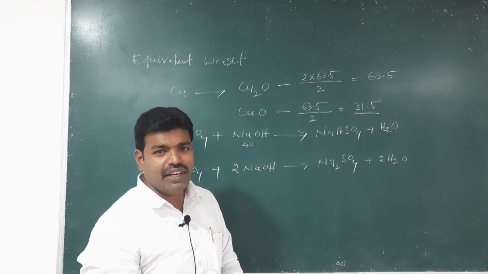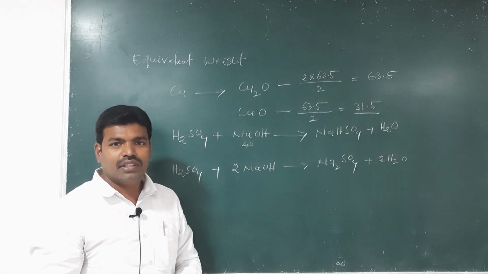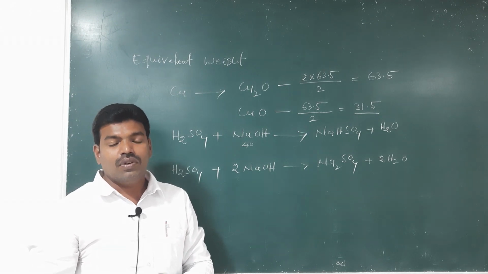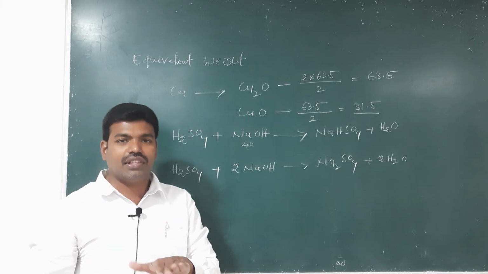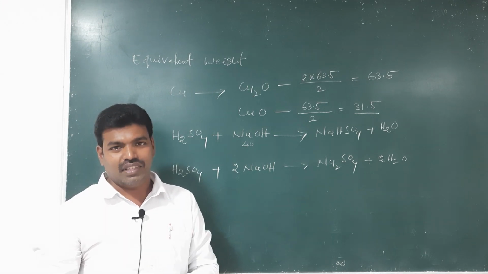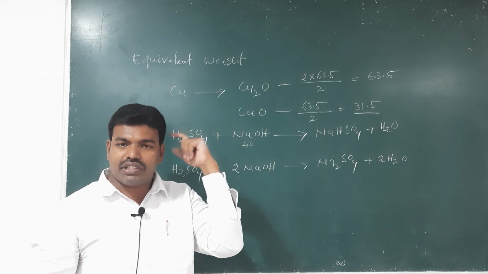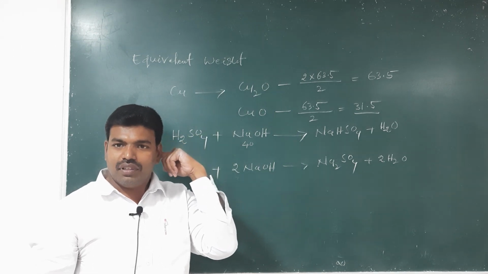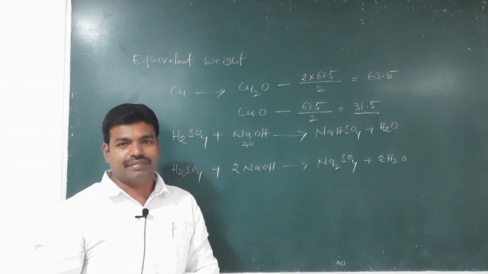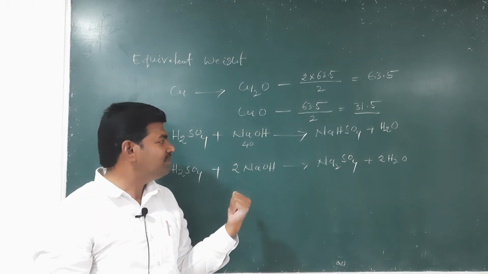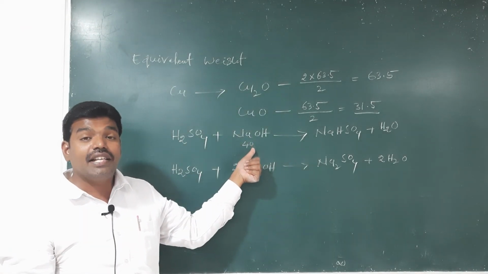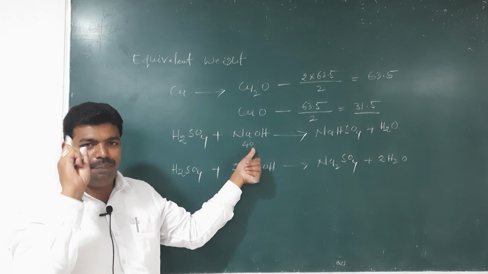Already I told you, equivalent weight of a substance is the number of parts by mass of a substance which combines with or displaces, as with cuprous oxide and cupric oxide, where oxygen combines with copper. Here 40 grams of sodium hydroxide displaces. Okay, you got the point?